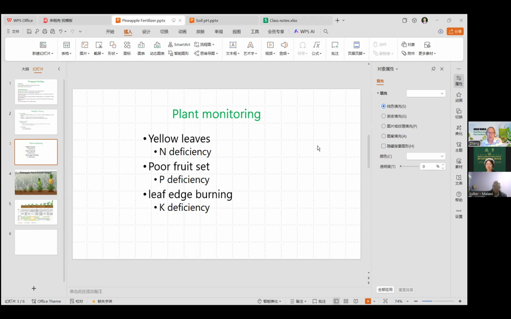Second, okra farmers use organic manure and NOPF to harvest. Okra is another thing we need to think about. What's your crop? Okra, where you harvest the fruits. This is a different special crop compared to the pineapple.